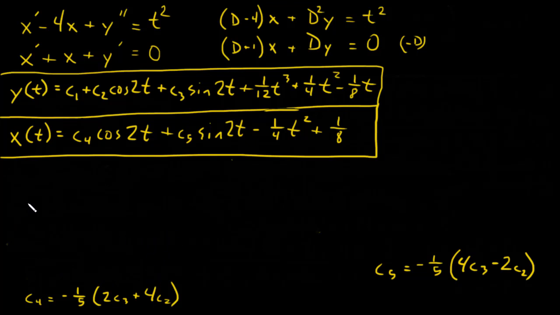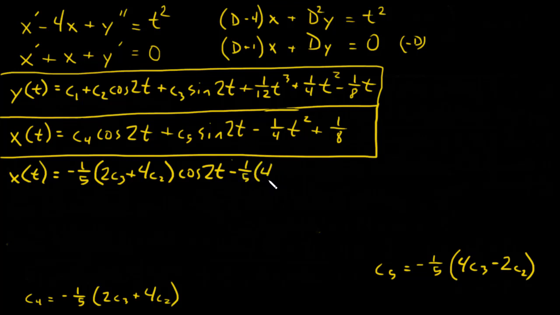So here we go. X of t can now be rewritten as negative 1/5 times 2C3 plus 4C2 cosine 2t, plus, or rather minus, 1/5 times 4C3 minus 2C2 sine 2t, minus 1/4 t squared plus 1/8.